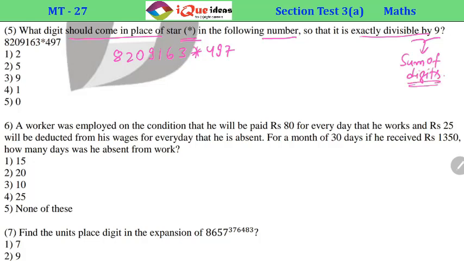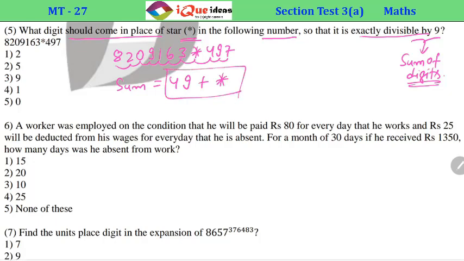So let's take the sum of digits in the given number. 8 plus 2, 10 plus 0, 10 plus 9, 19 plus 1, 20 plus 6, 26 plus 3, 29 plus star plus 4 is 33 plus 9 is 42 plus 7 is 49. So the sum of digits is equal to 49 plus star. Let's check it again: 8 and 2, 10, 19, 20, 26, 29, 33, 42, 49. Now this 49 plus star should be divisible by 9 because the number is divisible by 9.